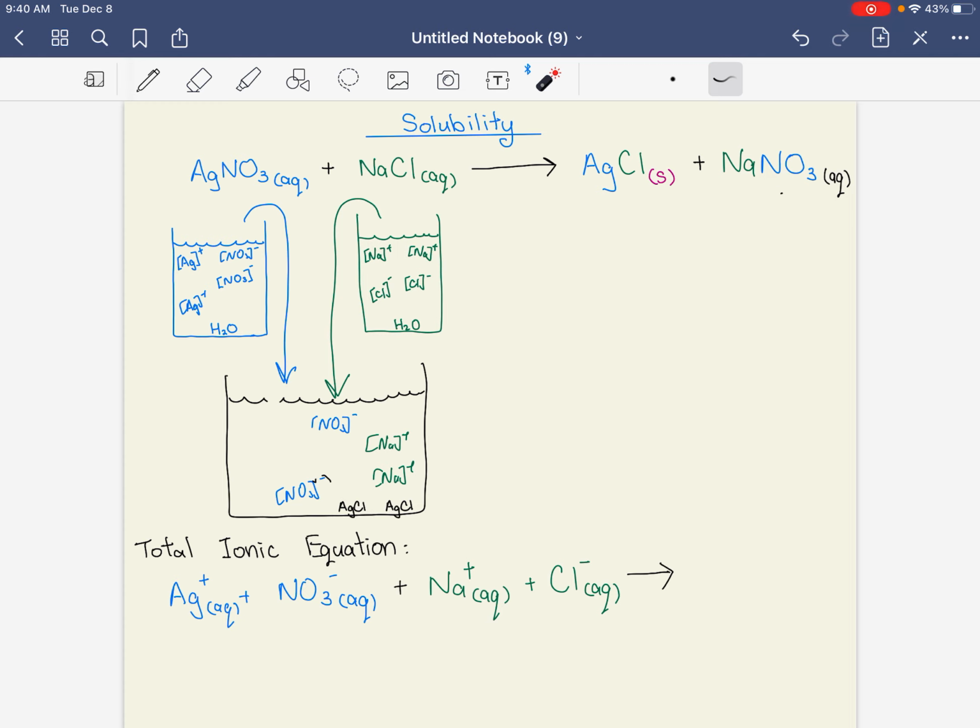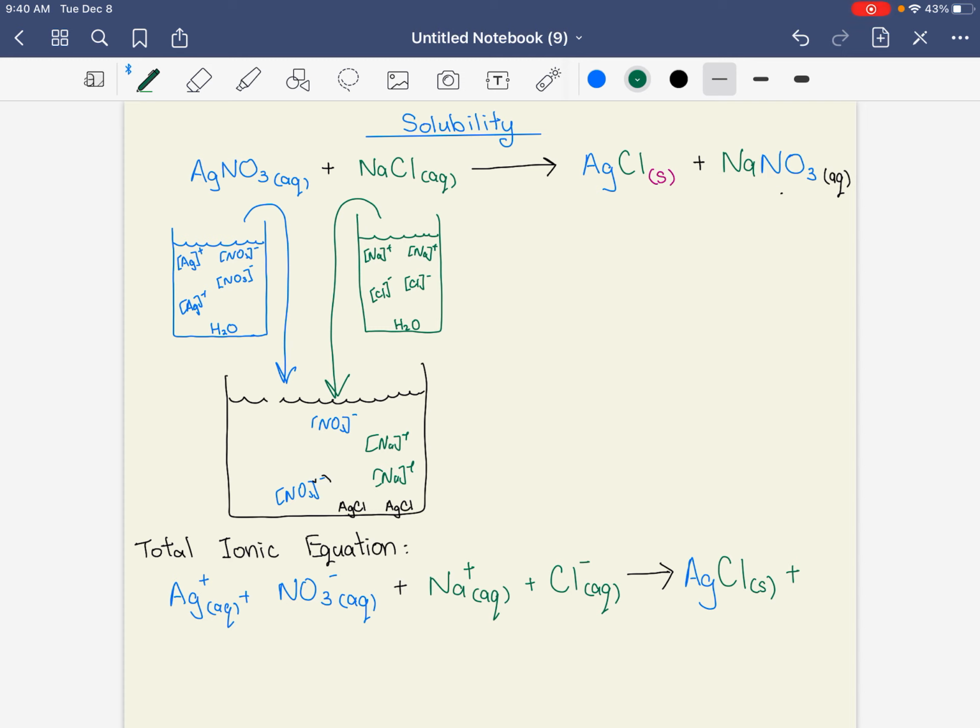Now, what happened here? What happened after you mix the two together? Well, we saw if a precipitate were to form, they have the ability to find each other. Okay? And that would be AgCl. So let's write that down. AgCl. They are not going to break apart. They're not going to form ions. Okay. Plus, well, NaNO3 will though.